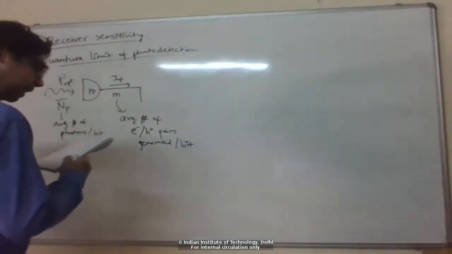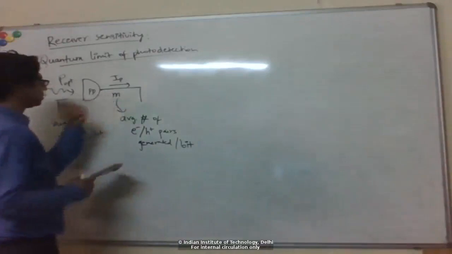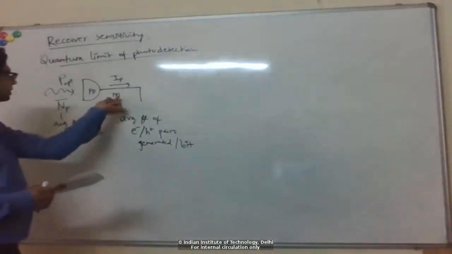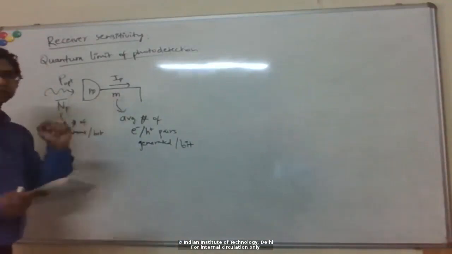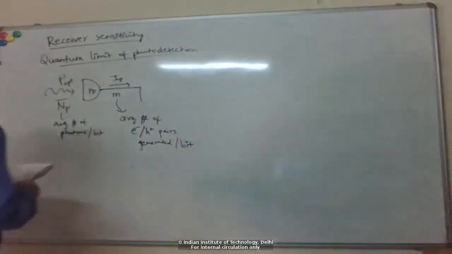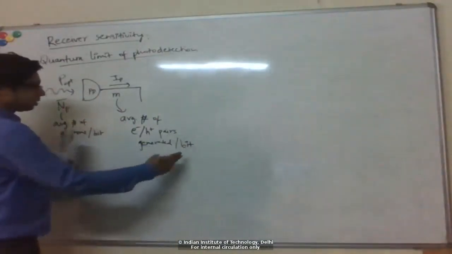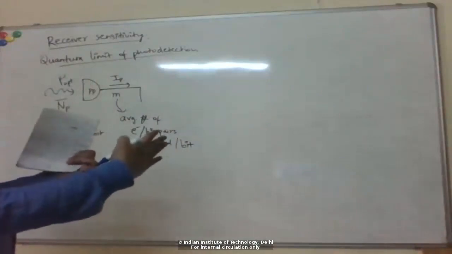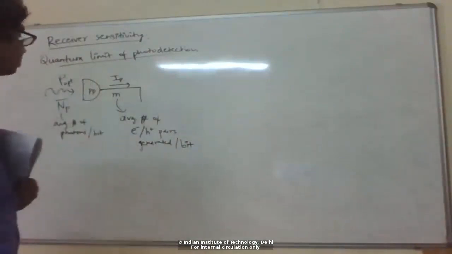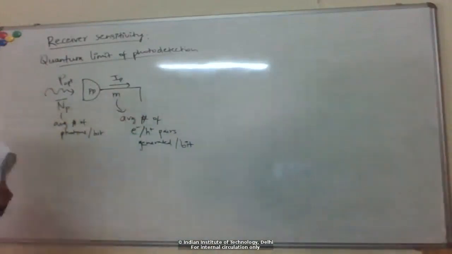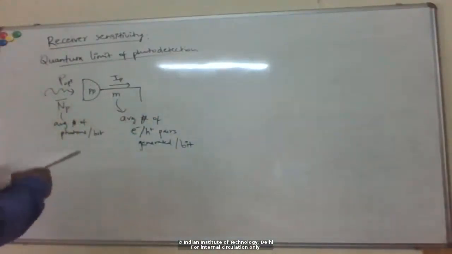But the point here is that because of Poissonian statistics, just from fundamental quantum mechanics, this number is not always constant. There is a spread. We are averaging over 1 bit period and seeing how many electrons I get in that time period, and that number is not constant.